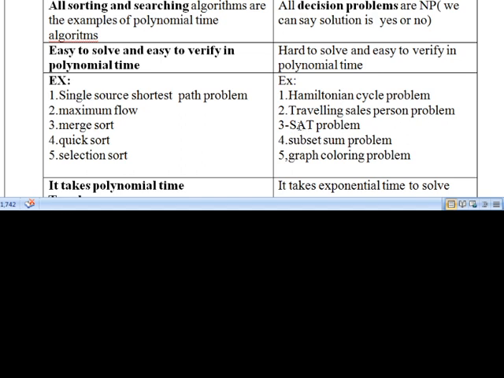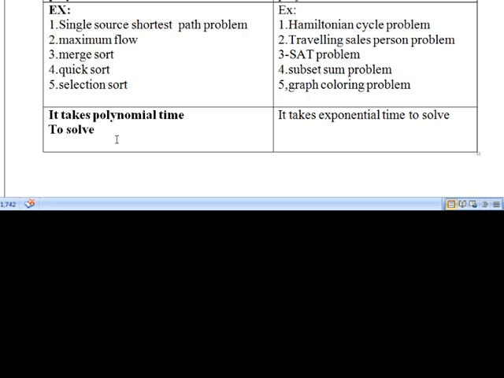SAT means Boolean satisfiability problem, subset sum problem, graph coloring problem. So these are the set of problems belonging to the NP-type. Now coming to the time complexity, it takes polynomial time to solve P-type problems, whereas it takes exponential time to solve NP-type problems.